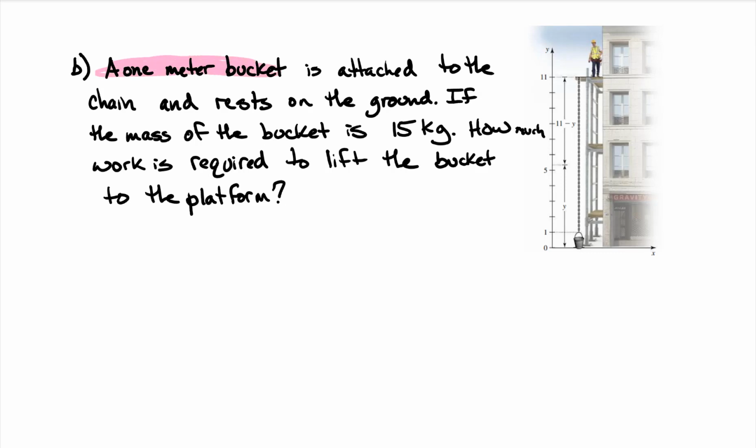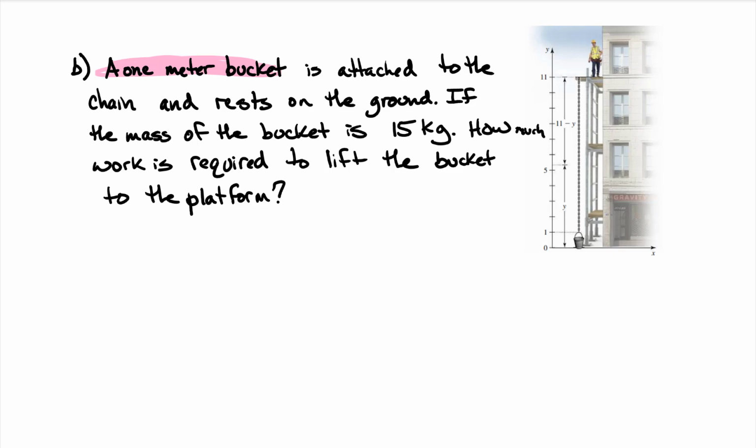So now when we're looking at this thing, there's the chain, but then the bucket's on the ground. Oh, so now we actually have something that's 11 meters long. Cool. Is attached to the chain and rests on the ground. If the mass of the bucket is 15 kilograms, how much work is required to lift the bucket to the platform? Okay.